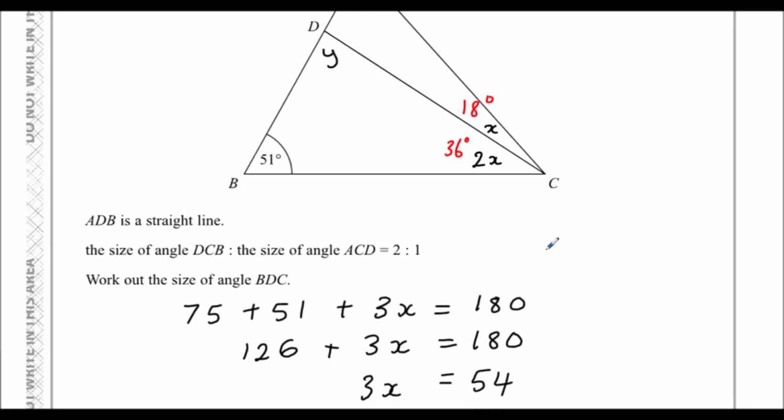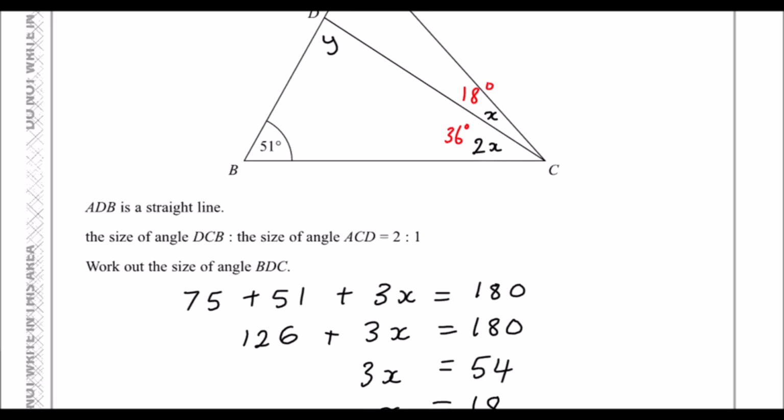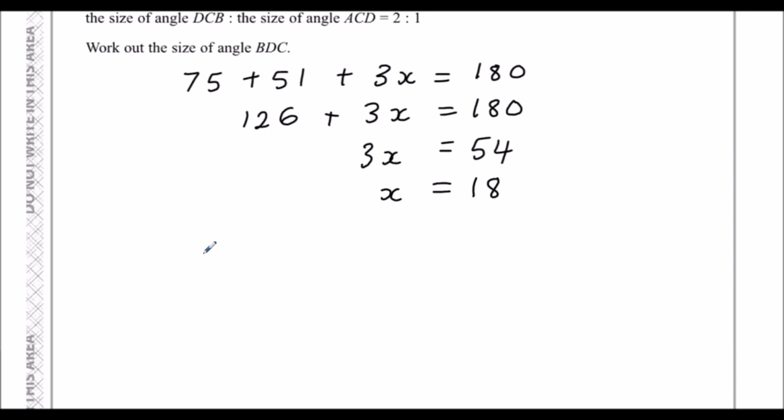So now we can use the triangle BCD, and again use angles in a triangle add up to 180 degrees. So this time we've got 51, 36, and our missing angle that we're trying to work out. 51 plus 36 plus our y is equal to 180 degrees. 51 and 36 make 87.